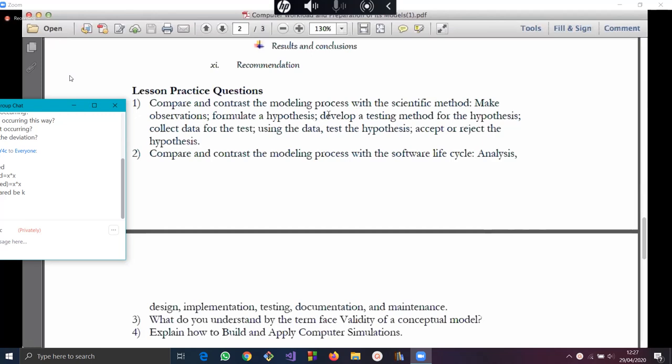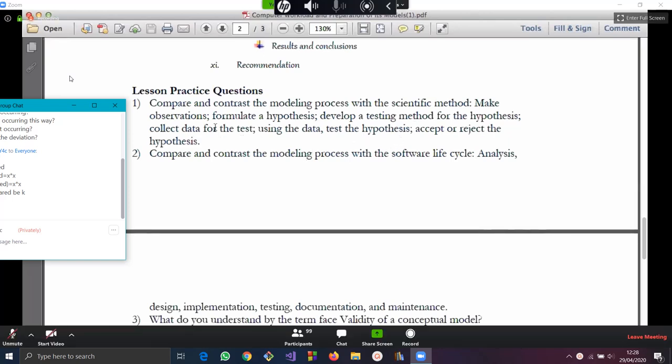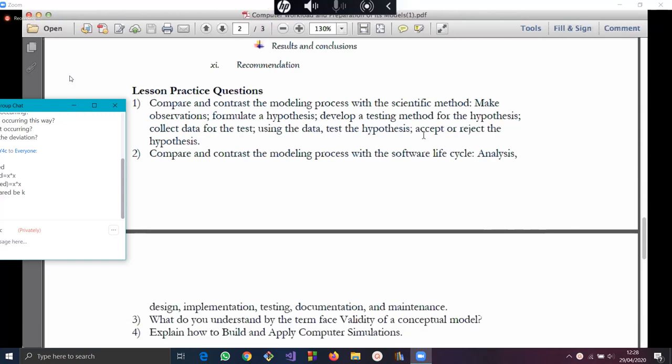Then once you set the basic models or equations, collect the data. Using the data, test the hypothesis, accept or reject the hypothesis. You are now starting to check out your work.